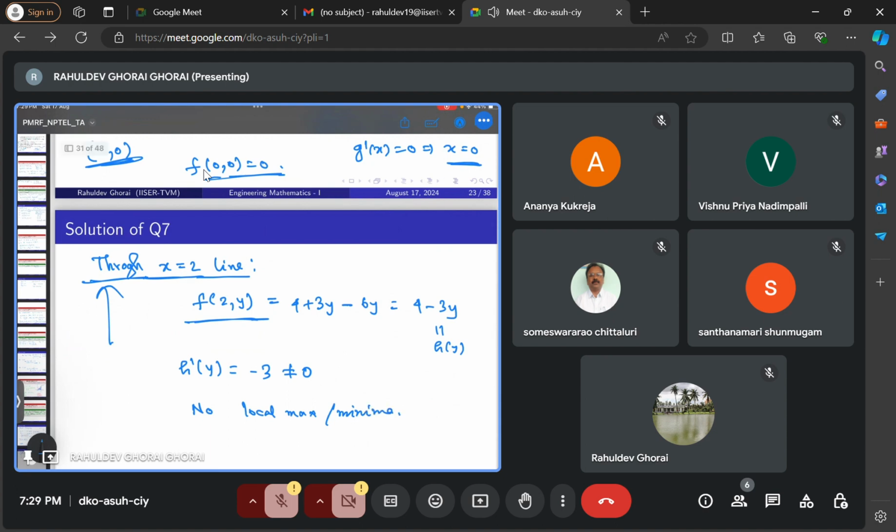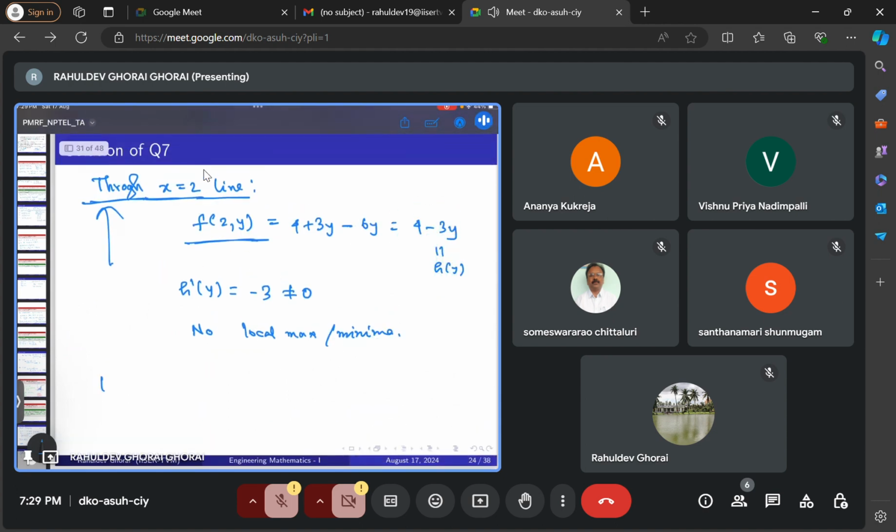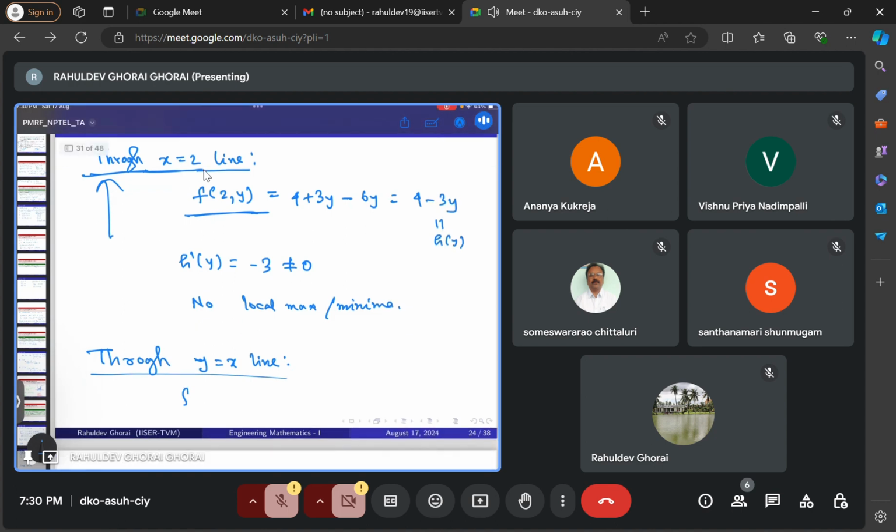Okay. Now once you're done with that, then we'll go to the y equal to x line. So through y equal to x line, it will be f of x, x.